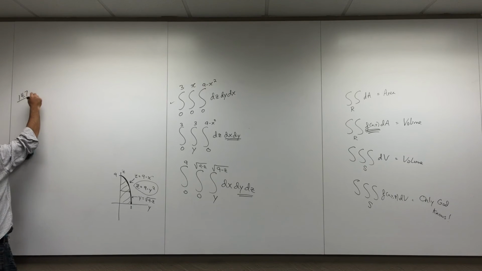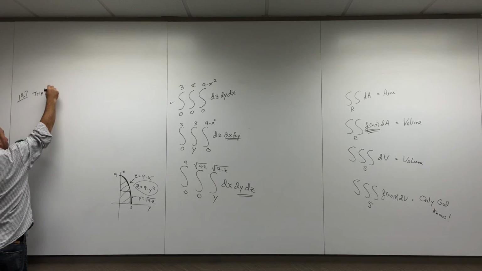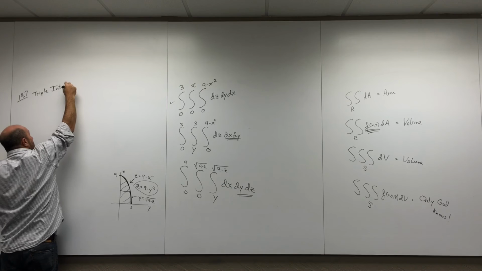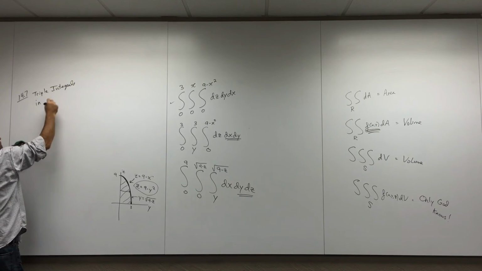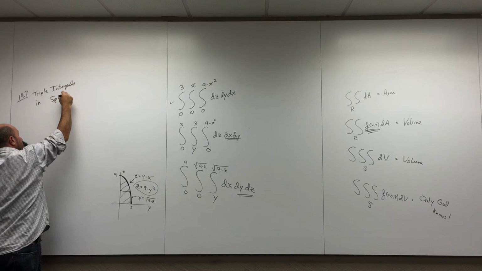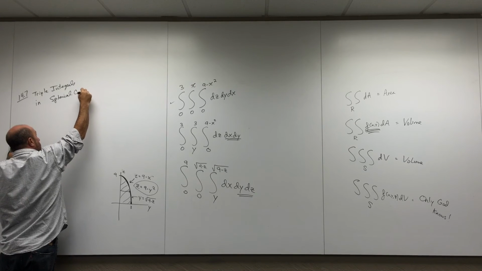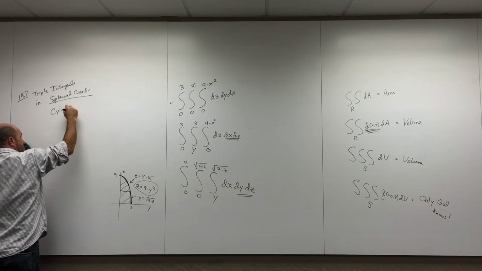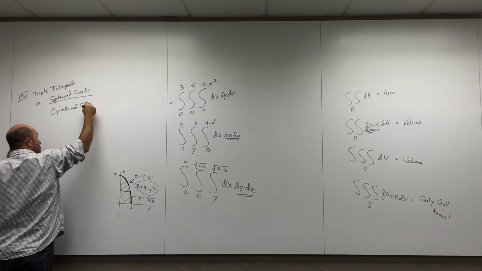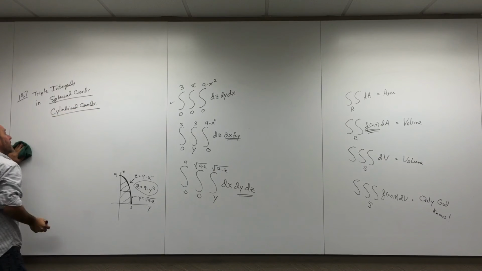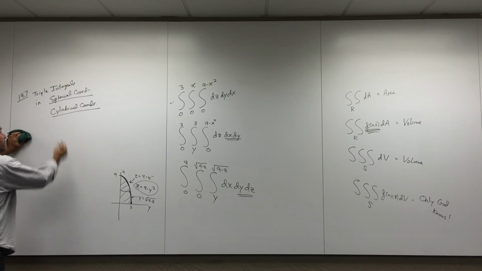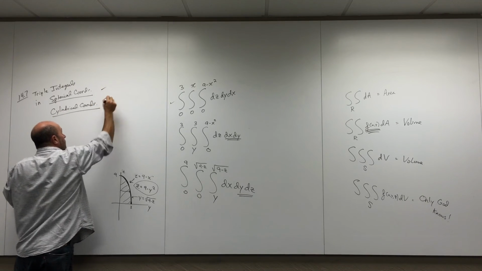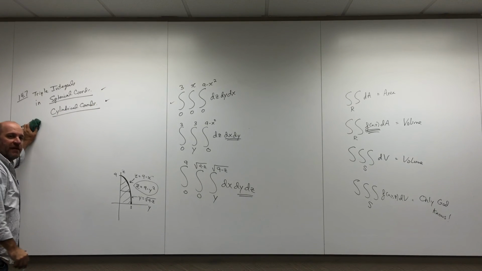And 14.7 is triple integrals in spherical coordinates and cylindrical coordinates. Well, guess what? You guys don't know what these are. I need to stop and tell you what these are.